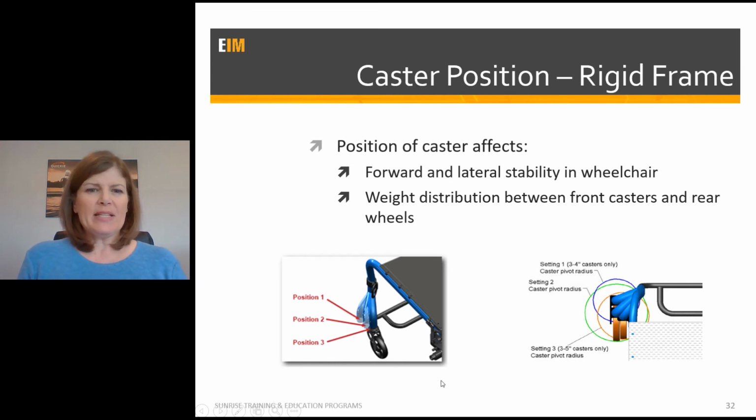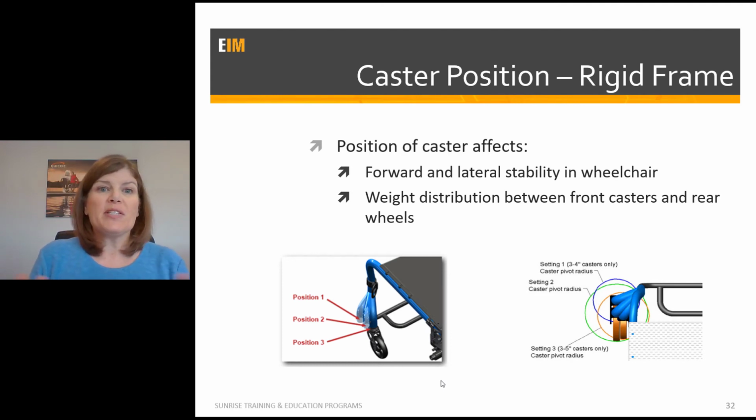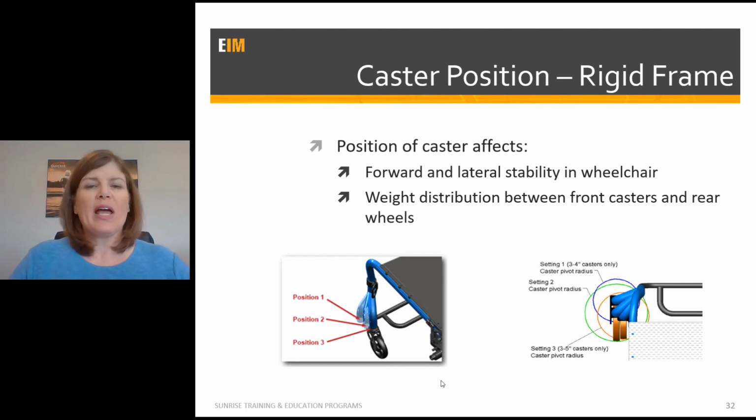And what that means is that when my caster housing is in a more forward position, it's more forward and it's more lateral. And if you remember what I was talking about, base of support, so what this means is that I'm going to have more stability in a forward direction because I have a wider base of support and it is more forward.